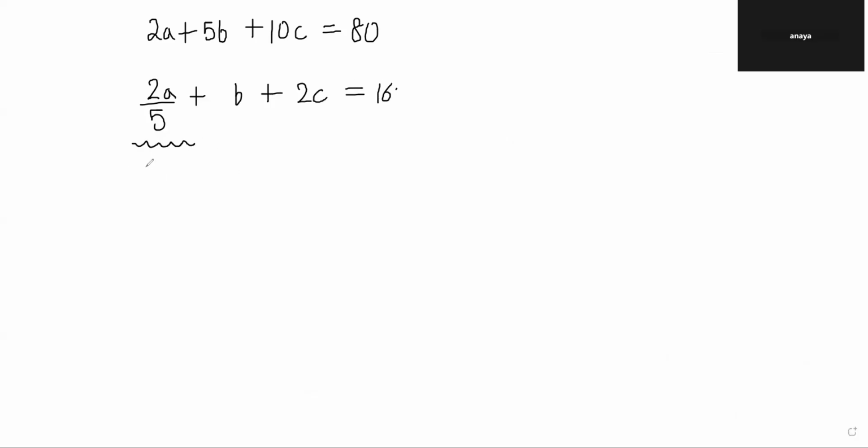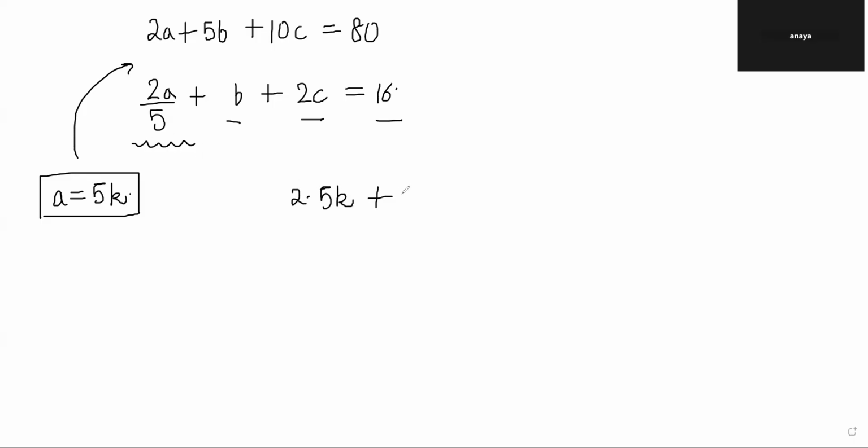That should immediately tell you that these are integers, so 2a by 5 has to be an integer. So a has to be some 5k, right? Do you understand what I'm saying? Yes. So then the original equation can be written as 2 into 5k plus 5b plus 10c is equal to 80, right? So now you can cancel another 5 and you'll get 2k plus b plus 2c is equal to 16.